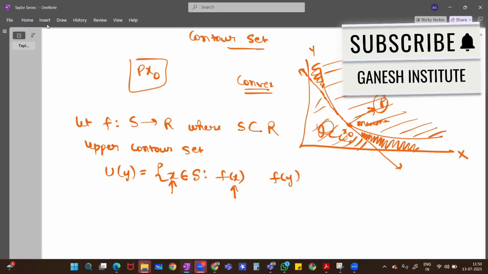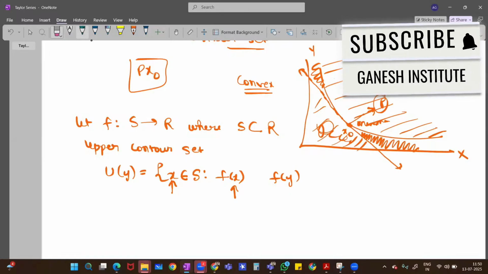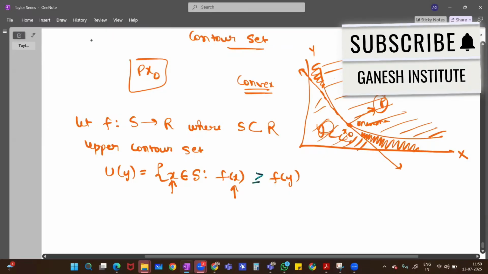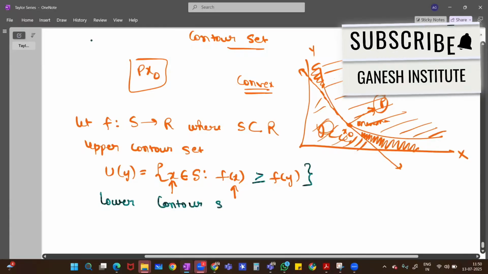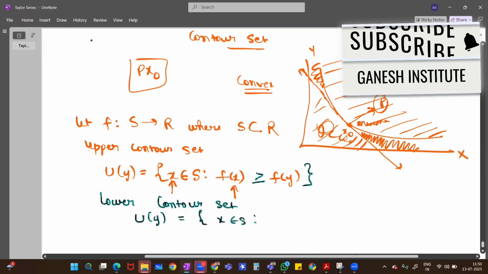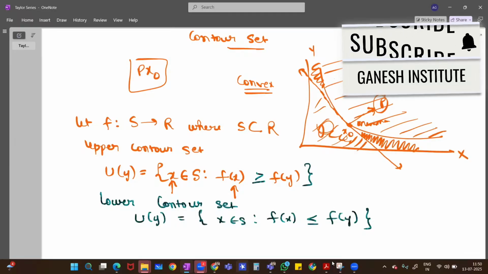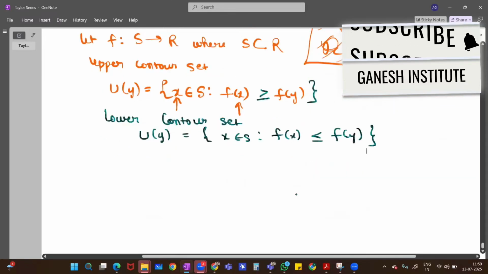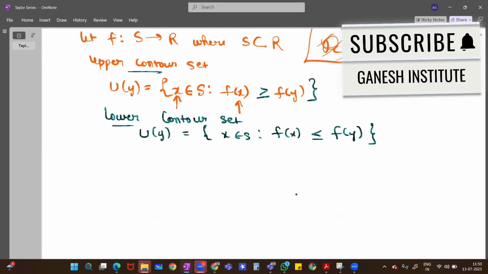Because it is upper contour, thus minima. If it is lower contour, is f of x less than or equal to f of y. Now I'll explain using the graph as well. So these are two conditions for lower and upper.